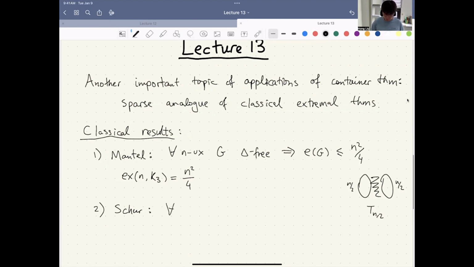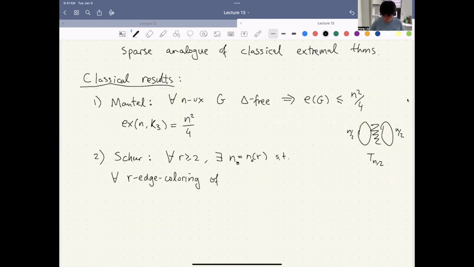So for every r, there exists n_0, depending only on r, such that every r-edge coloring of Kn, n at least n_0, contains a monochromatic triangle.